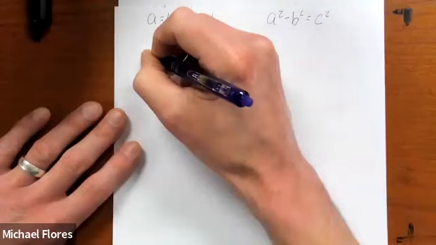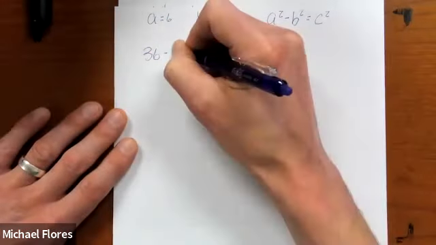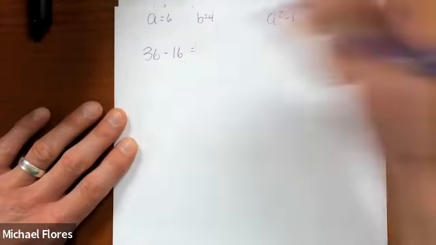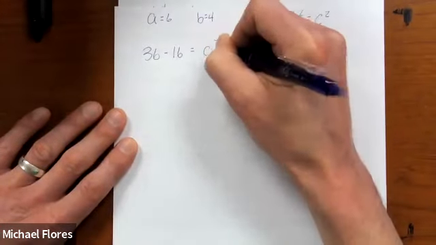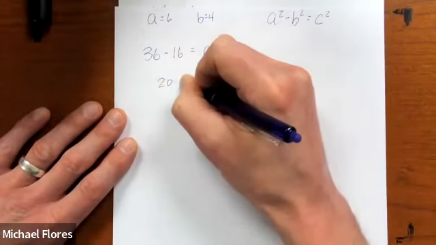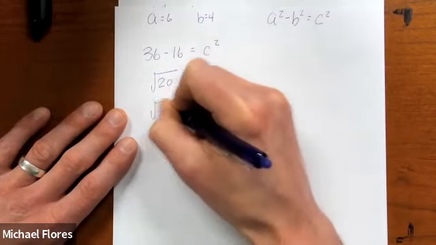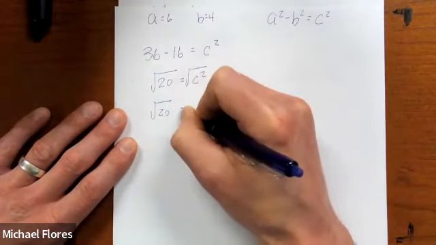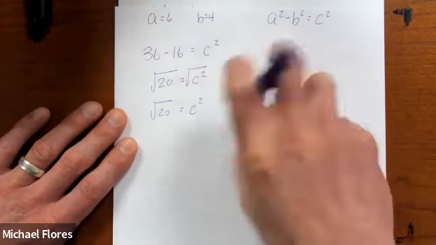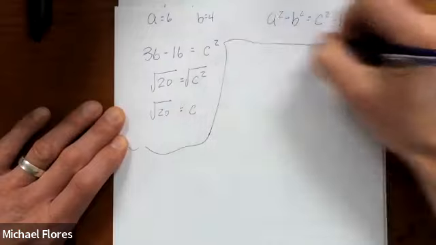Take your A value and square it. Subtract your B value once you square it, and set it equal to C squared. 36 minus 16 is 20. Oops, just C. Okay. Square root of 20.